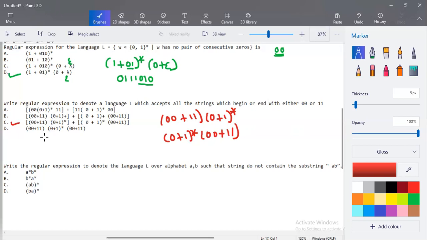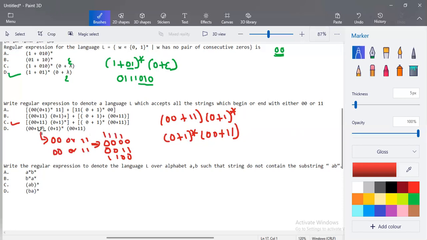Okay, so we'll see the last option here, what happened. Here it is 00 or 11 exactly, followed by 0 or more star, and 00 or 11. So this actually says the input has to begin with either 00 or 11 and end with 00 or 11. So the minimum input requirement here is either four zeros, or 0011, or 1100, or all ones.